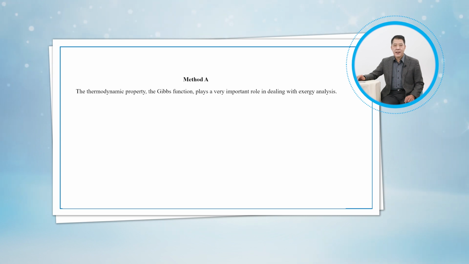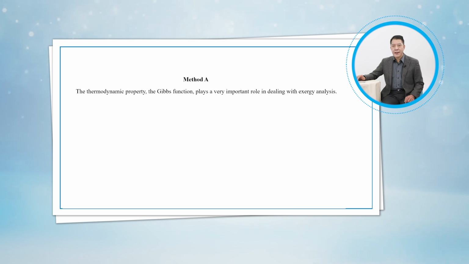As we will discuss in the next task, if the change in Gibbs function is negative for a mixture of gases, then mixing and/or a chemical reaction would be spontaneous. Otherwise, if changes in Gibbs function are positive, they cannot happen.